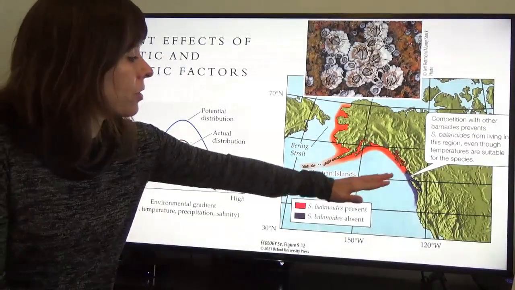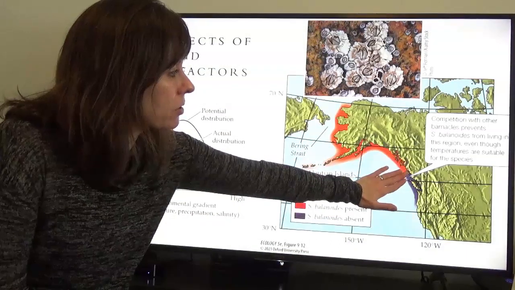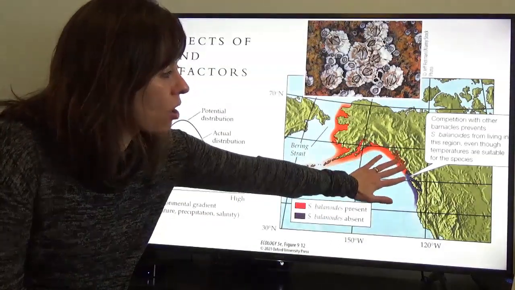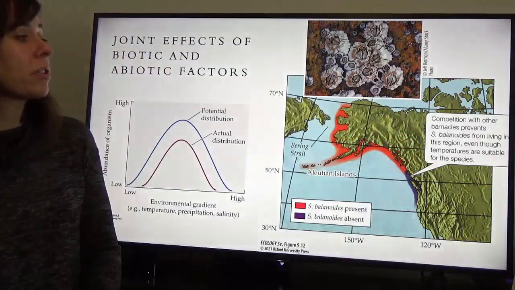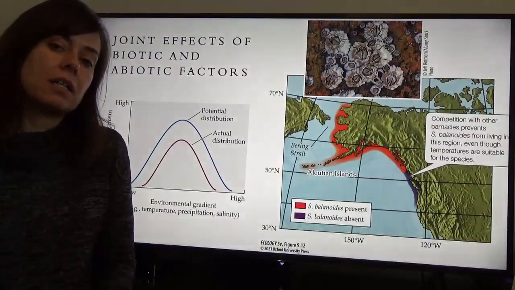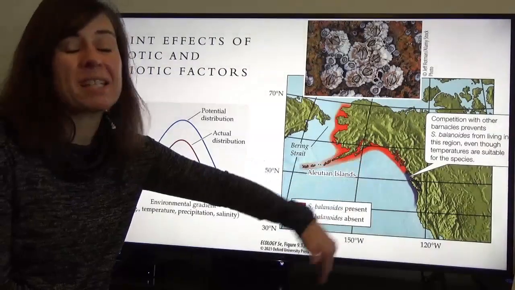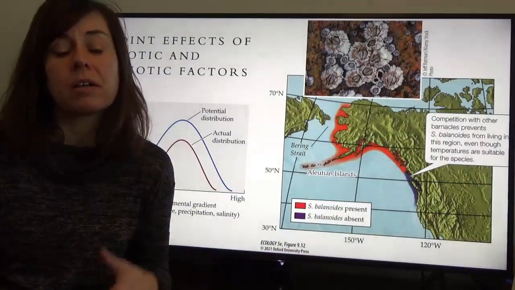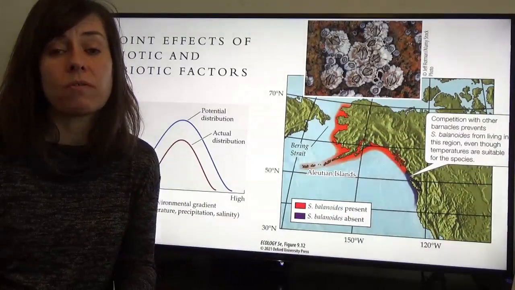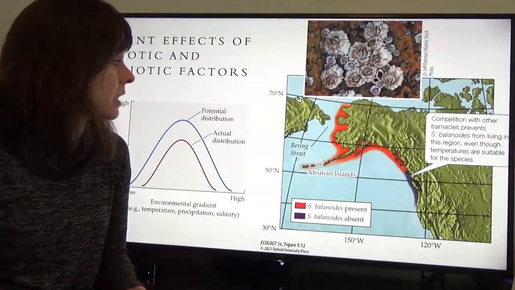And the hypothesized factor that drives that is that competition with other barnacles prevents this species of barnacle from living here, despite the fact that the temperatures of the water and the ocean conditions are suitable for its presence in that region.